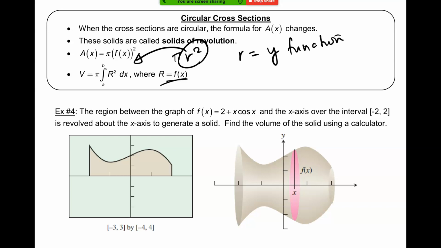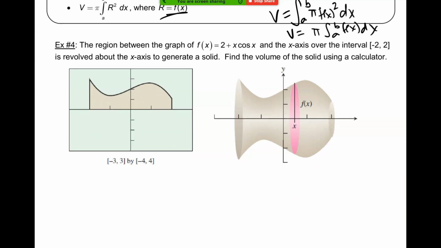Normally it's pi times my function squared dx. Well, if you have a constant and you're taking an integral, you can move the constant outside. That's how we got this. You just move the constant out front. Okay. I don't think there's anything else I want to say about that one.